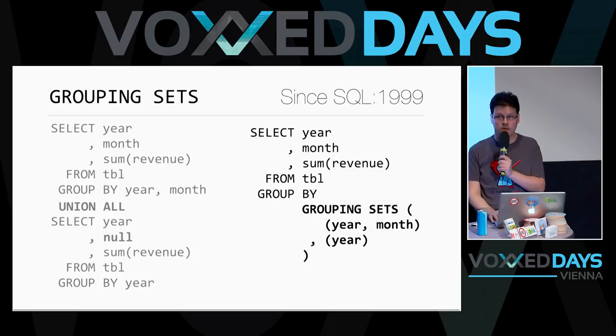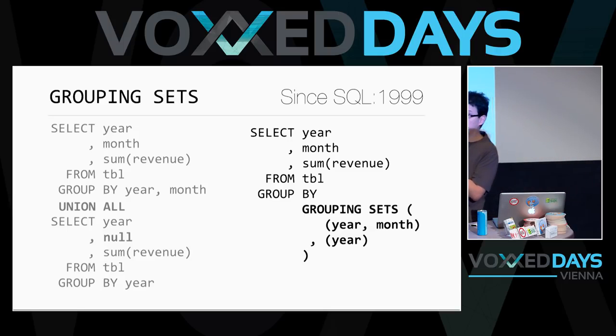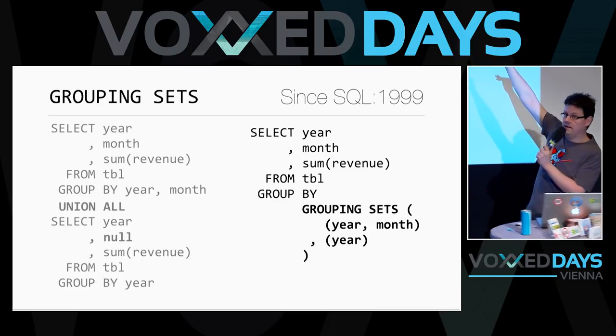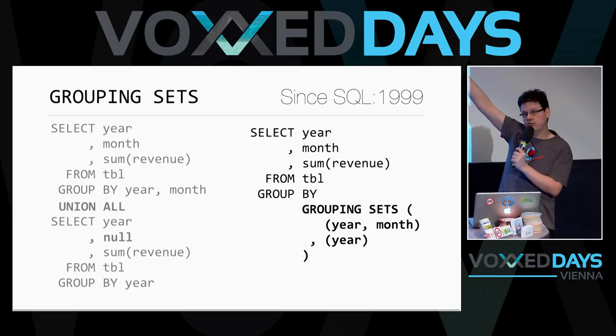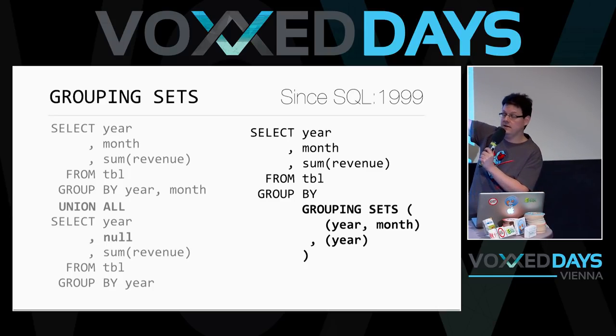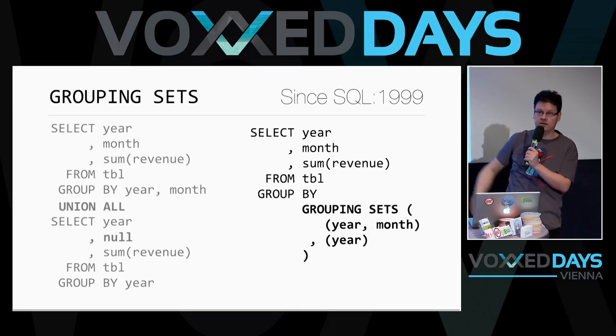How does it know to throw away the month? Because it's written there in the brackets. The first one, if you look at the grouping sets, the first line says year, month. That's the first grouping. So it does that. And then it does it again on just the next one. You can even put in an empty set of brackets there to group by over everything.